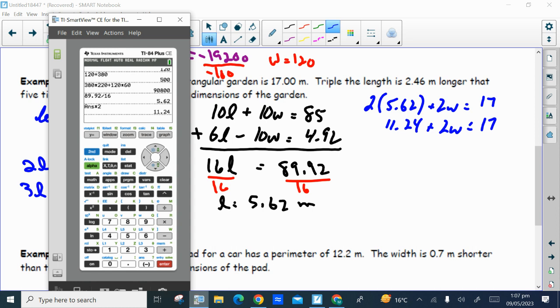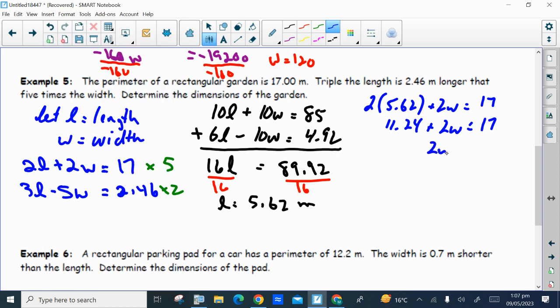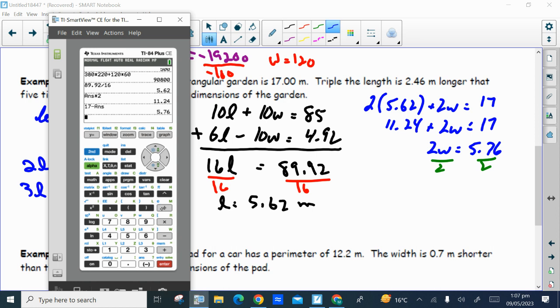Subtract that from both sides. So 17, take away that 11.24. 2W equals 5.76, which then we will divide both sides by 2 to get W by itself. So 5.76 divided by 2 is 2.88.